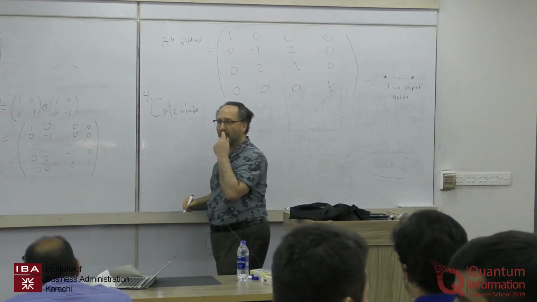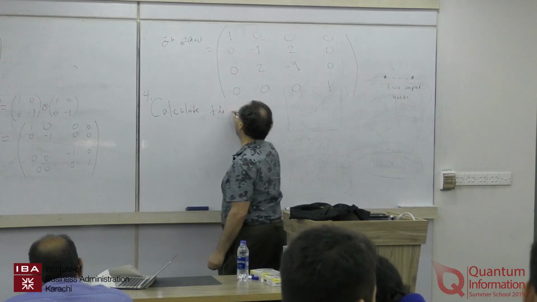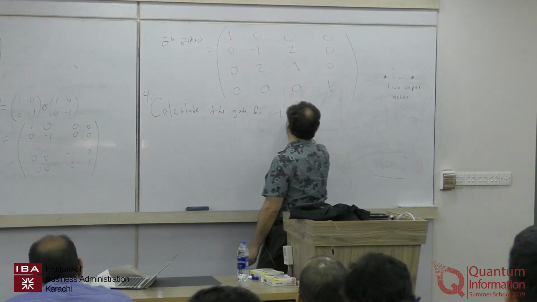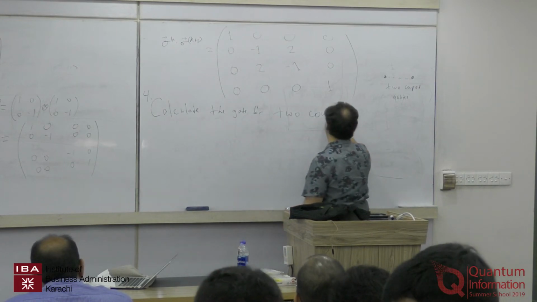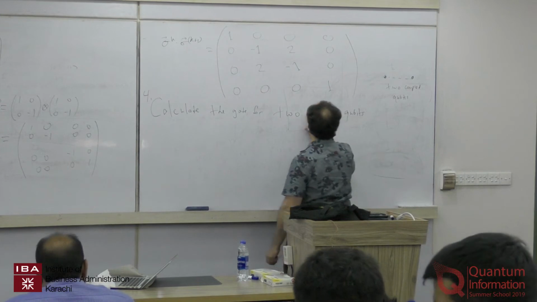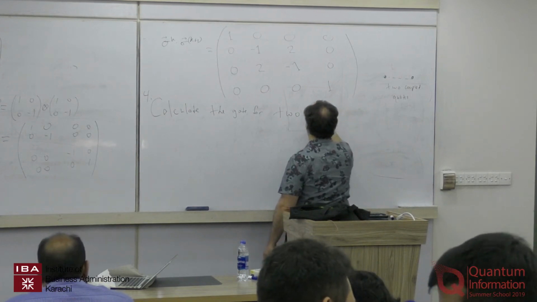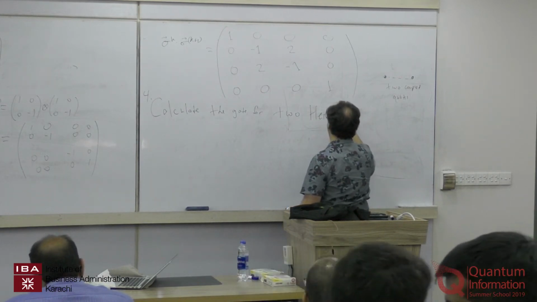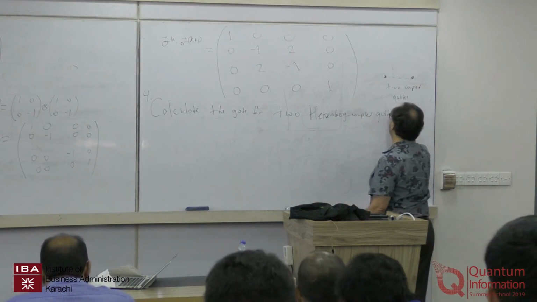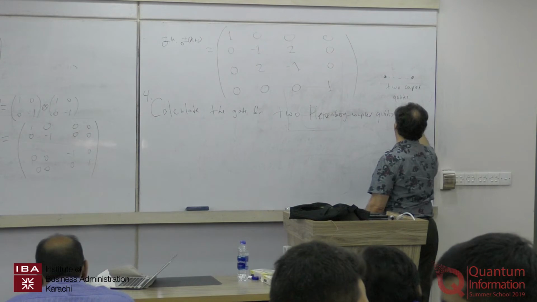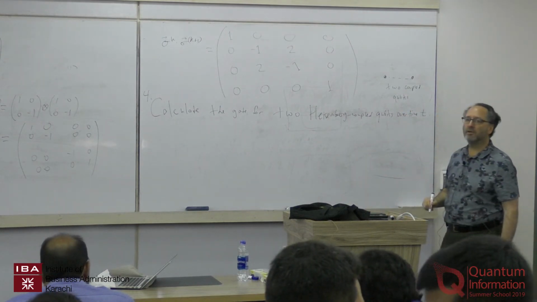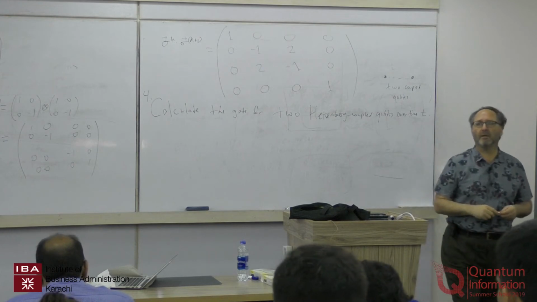Calculate the gate for 2 coupled qubits, 2 Heisenberg coupled qubits over time t. Okay, so how should we do it?